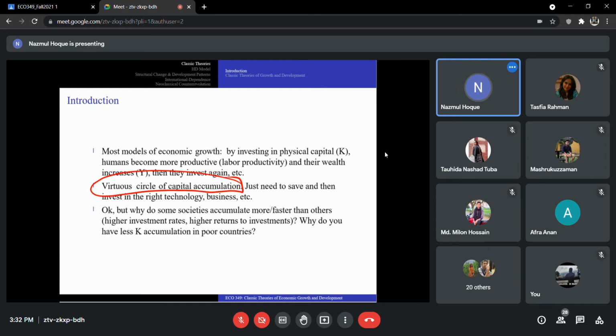Now, one problem is that this theory generally does not explain why some societies accumulate capital at a faster rate than other societies, and why some societies are rich versus the poor countries. These theories generally do not try to explain that.